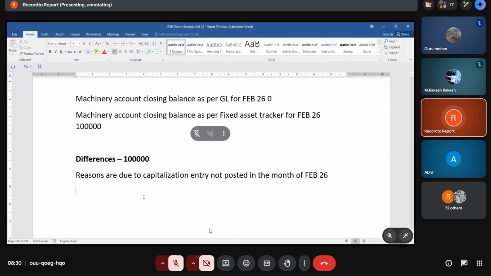What is the capitalization entry, guys? It is to be treated as a timing difference. Due to the timing difference, the entry was missed to post. So what is the entry to be posted here?